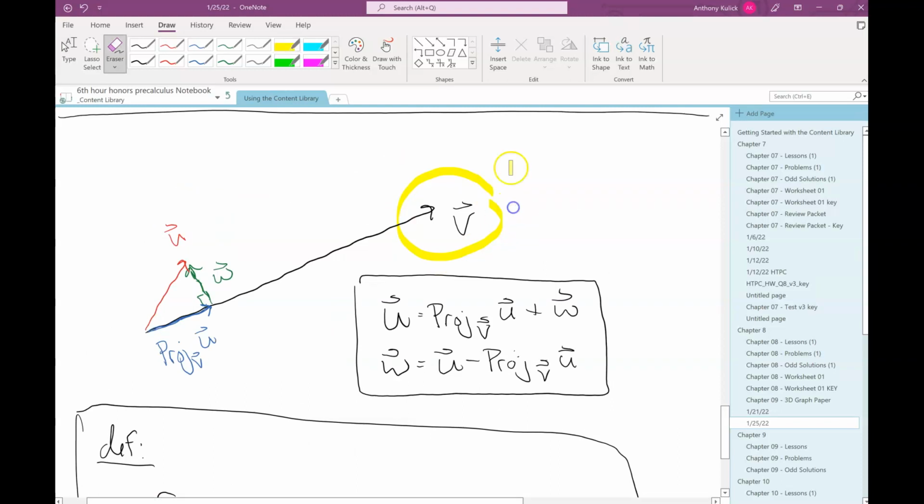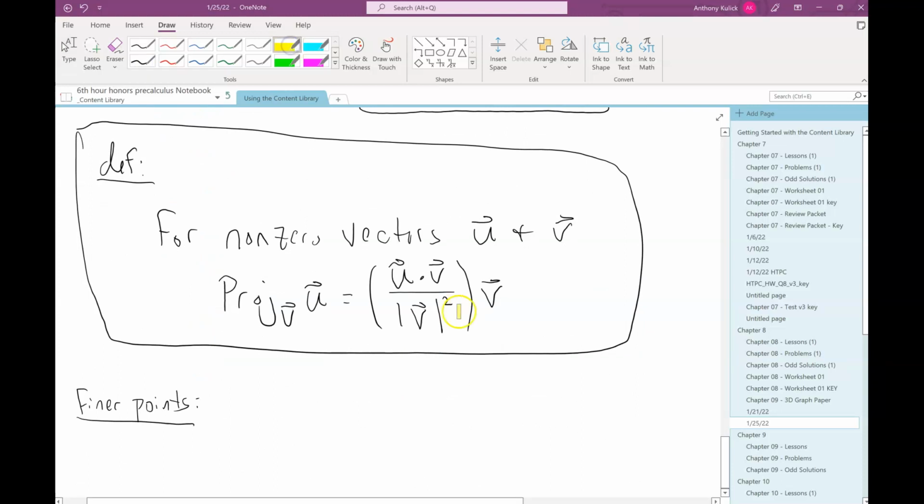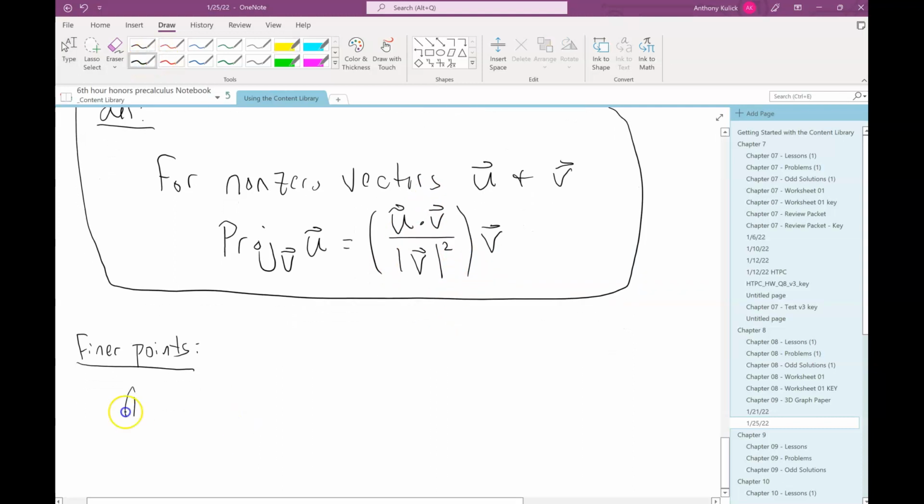In a lot of sense, the length of vector v doesn't really matter, even though the length of vector v is definitely in our formula for a projection. In a case where the length doesn't really matter in the context of your actual problem, we can choose that vector v to have any length we want. The length we would choose to use in that case would be 1, and just make vector v a unit vector.